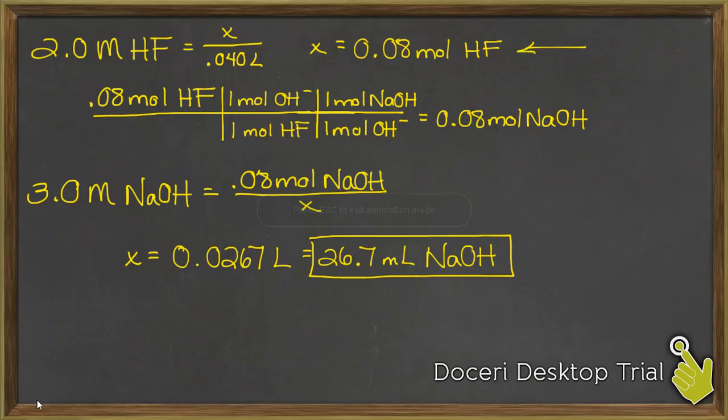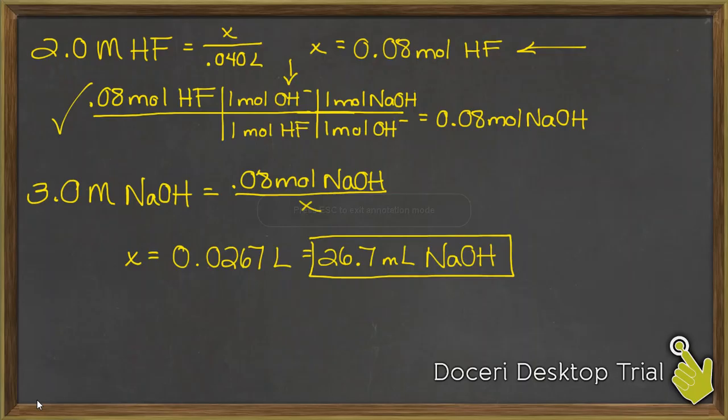And then remember, being at equivalence means that you can use stoichiometry to get from your titrant, HF, to the analyte. Now, in the balanced net ionic equation, I didn't have NaOH in the equation. I had OH minus, so that's why I converted to OH minus first, and then went to NaOH because that's what the question asked me for. But there's just one hydroxide within NaOH, so it's just a 1-to-1 ratio.